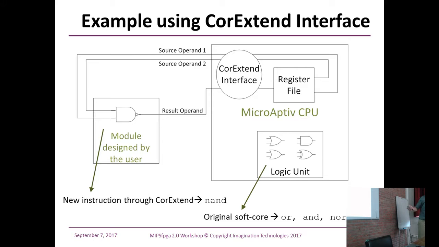Okay, we receive the two source operands from the register file, or even from the forwarding path, and we write the result of whatever we want to do here to the core, to the register file. Right? So we can implement here a floating point unit or DSP instructions, very useful for that, for example, or whatever you want.